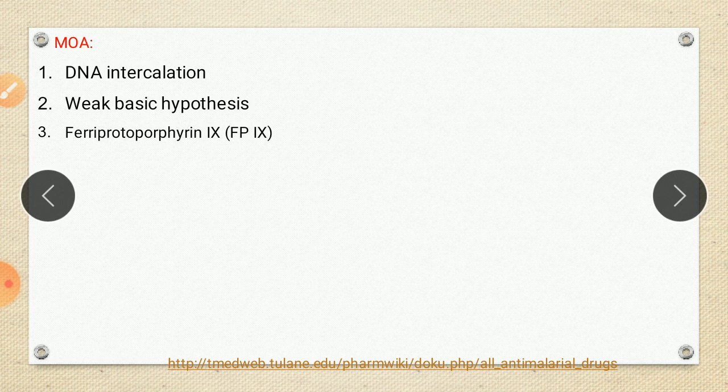The second hypothesis is the weak base hypothesis. These drugs are weak bases and they accumulate in an acidic location, that is the parasitic lysosome. It is a vesicle where the parasite resides, and it has an acidic pH.